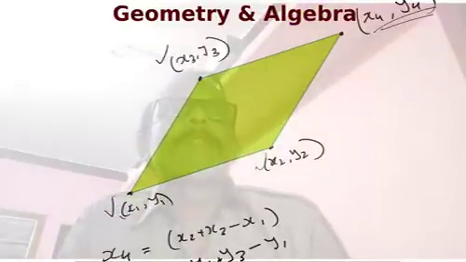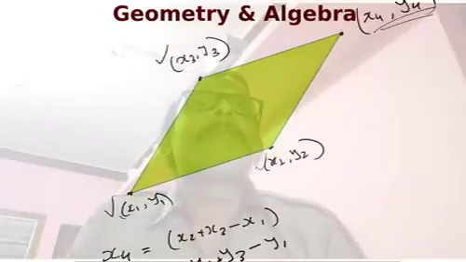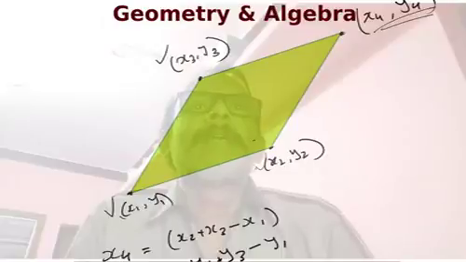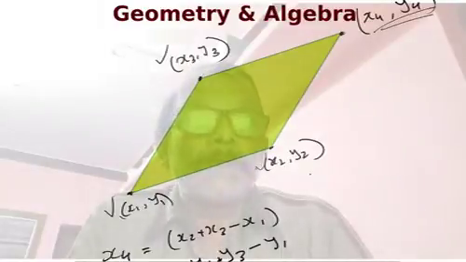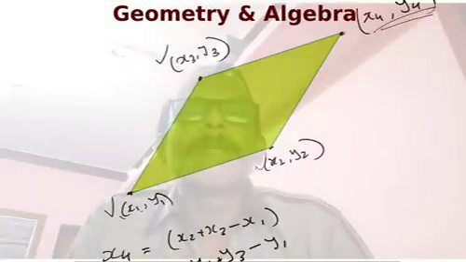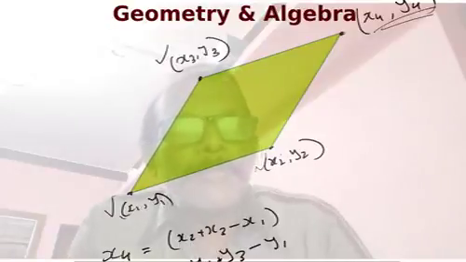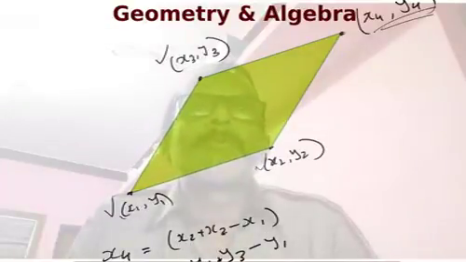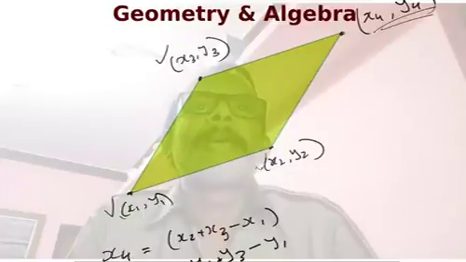Here we have to find the coordinates of the fourth vertex, this point. For that, we take x2 plus x3, the x coordinates of the neighboring points, minus the x coordinate of the opposite vertex. So x2 plus x3 minus x1.